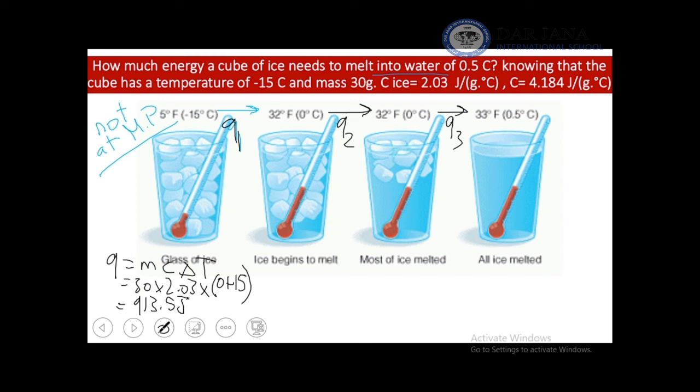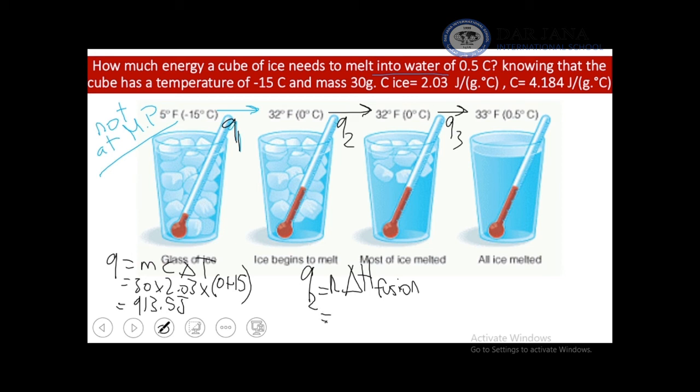Now, when the ice is at 0 and wants to melt, the amount of energy needed, Q2, doesn't depend on the temperature because the temperature is the same. So Q2 will be equal to the number of moles times the molar heat of fusion, because here we are melting the ice into water.